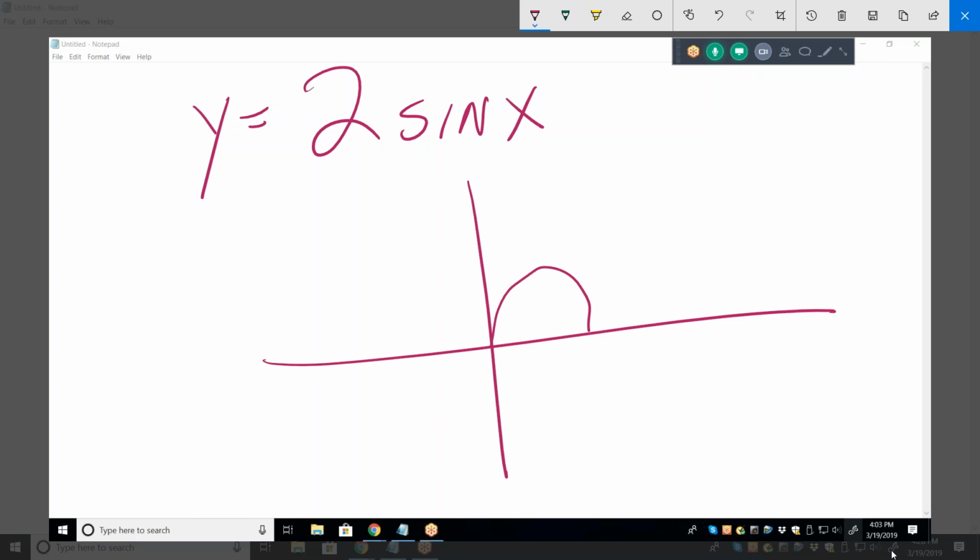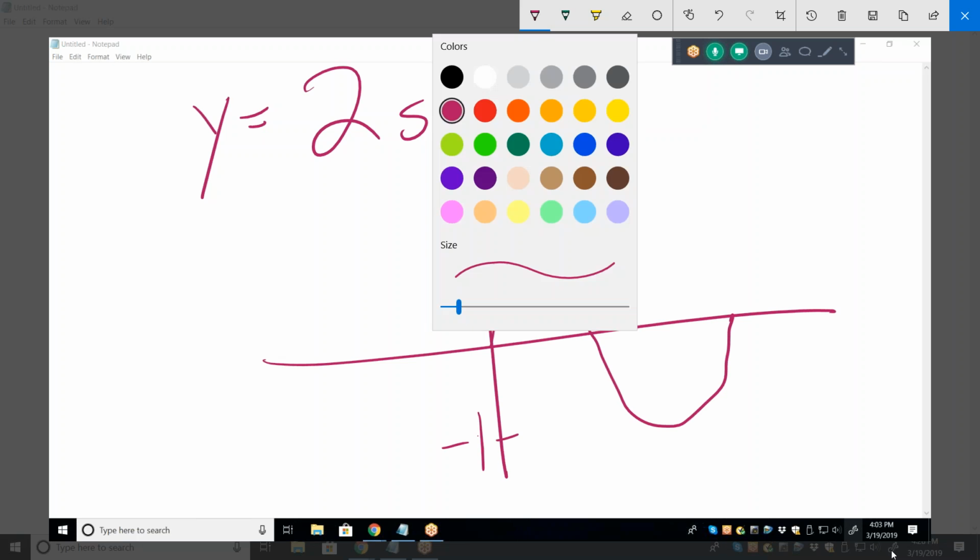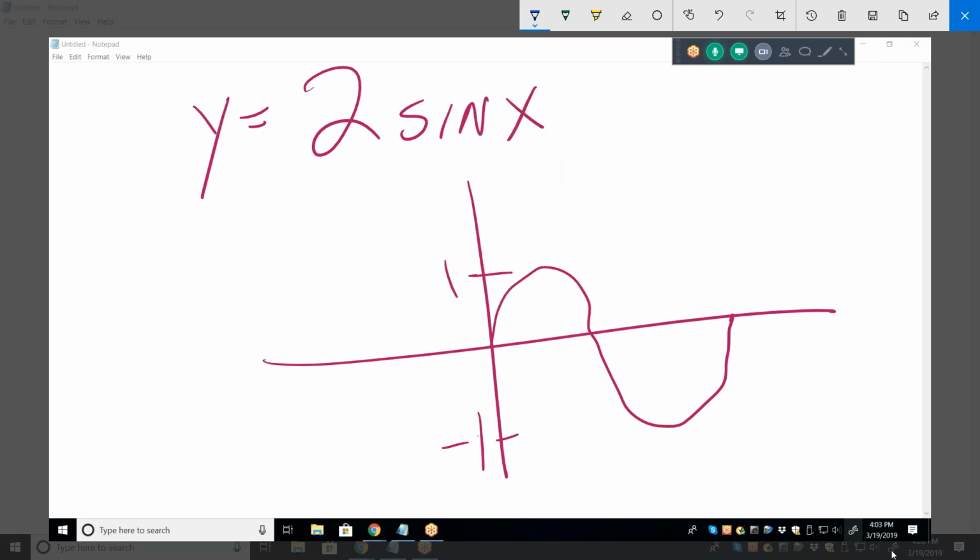So, that's sine of x. 2 sine of x looks like what? What's it going to be called relative to sine of x? Yes, perfect. So it's going to go up to 2. It's going to go down to -2 and come back to there. Okay? So this would be that.